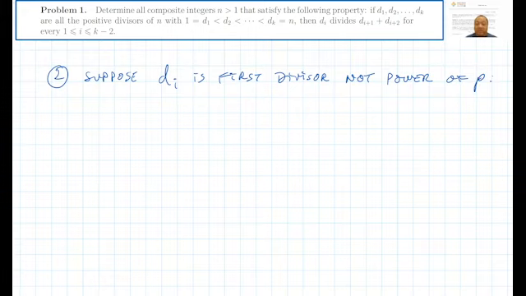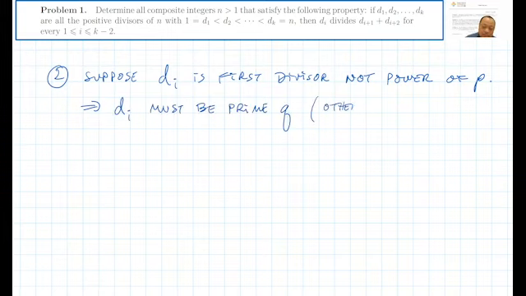Suppose that there is the first d_i that is not a power of P. Then this d_i has to be a prime. Otherwise, a non-P factor of d_i would be a smaller divisor of n that's not a power of P.